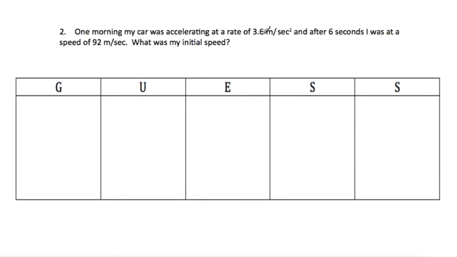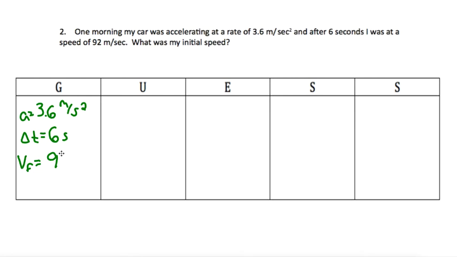My car was accelerating at a rate of 3.6, so our acceleration equals 3.6 meters per second squared. After 6 seconds, so that's our time, delta t equals 6, I was at a speed of 92 meters per second. So what it's telling us is that's the final speed that they reached, the final velocity.